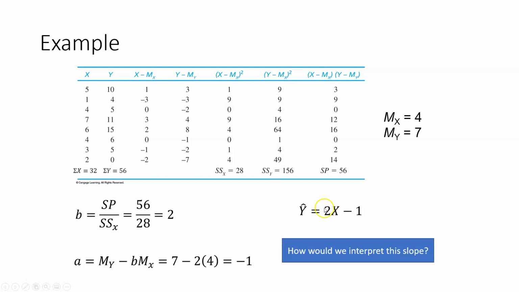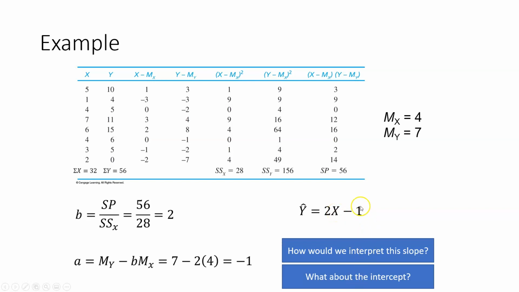Hopefully you remember that the slope is how much of an increase we find in y for each 1 unit increase in x. So if x increases by 1 unit, then y increases by 2 units in this example. Whatever value we have here, that's how much y will increase every time x increases by 1 unit.